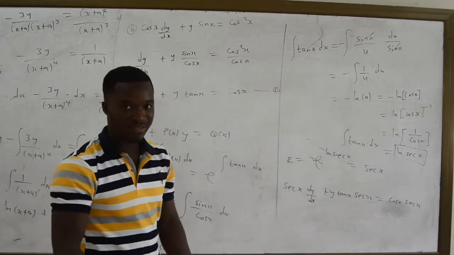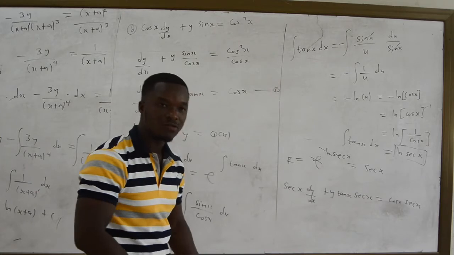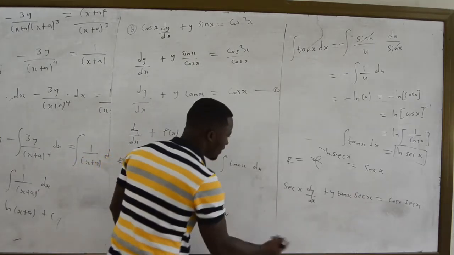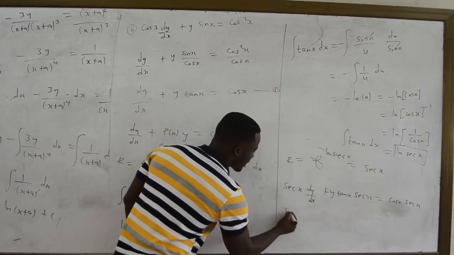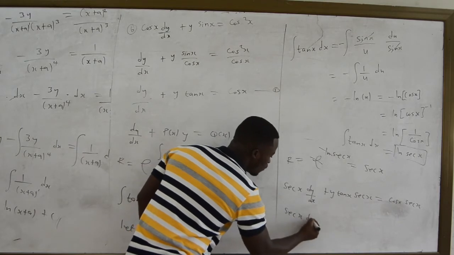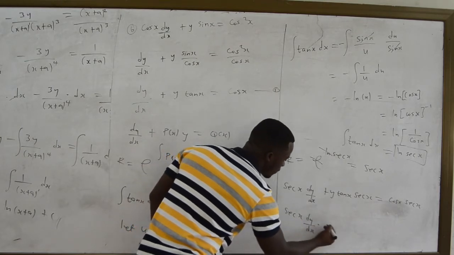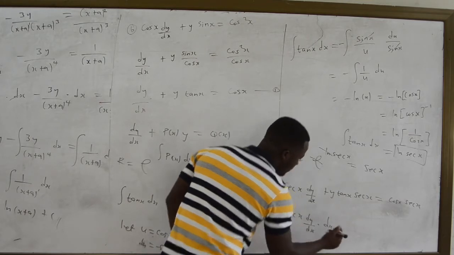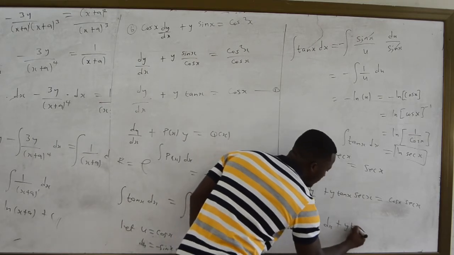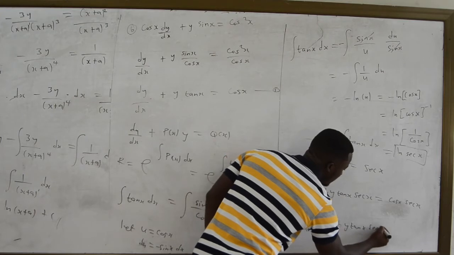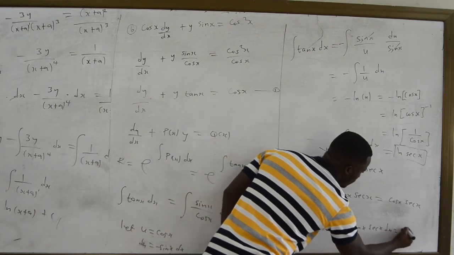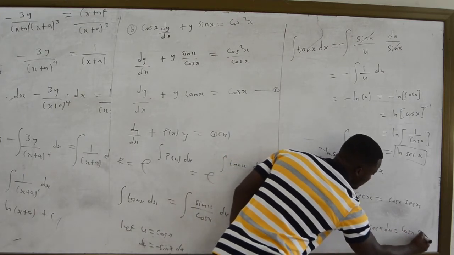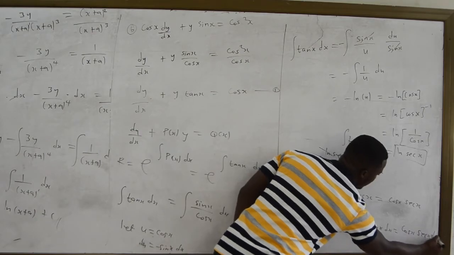The next approach is to multiply both sides by dx. So I'll have sec x dy/dx dx, plus y tan x sec x dx, equal to cos x sec x dx.